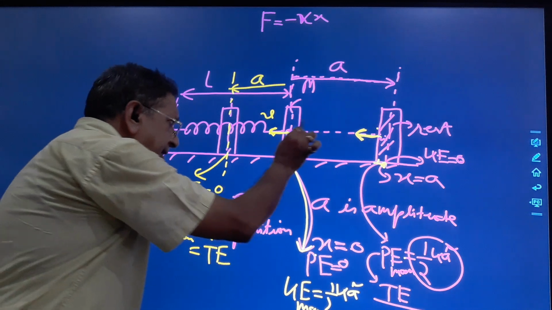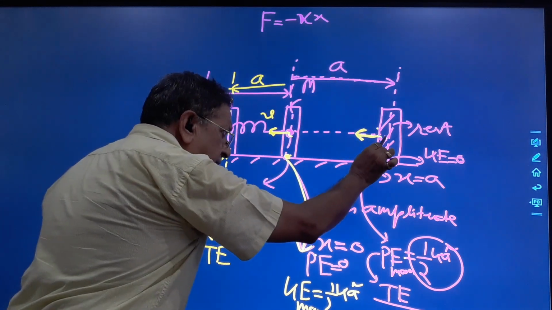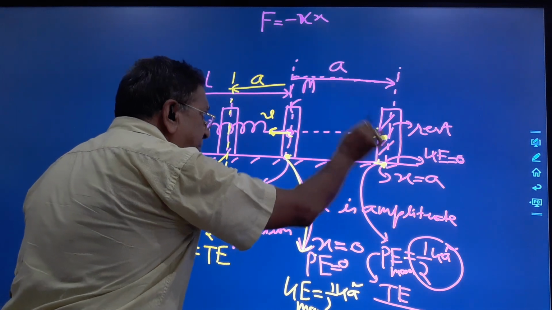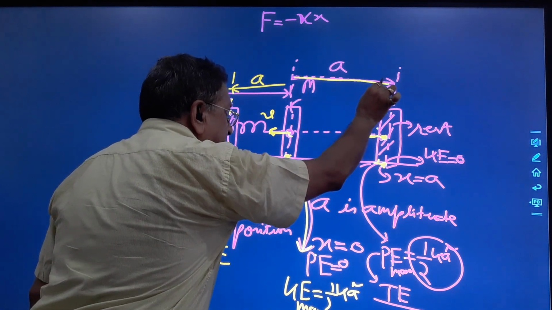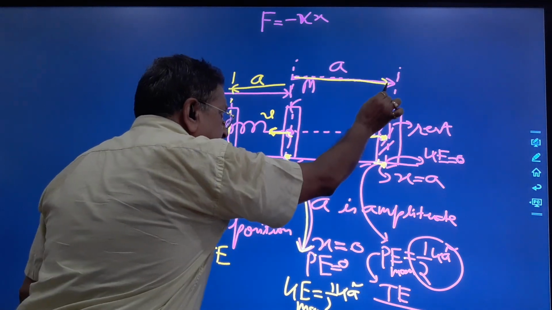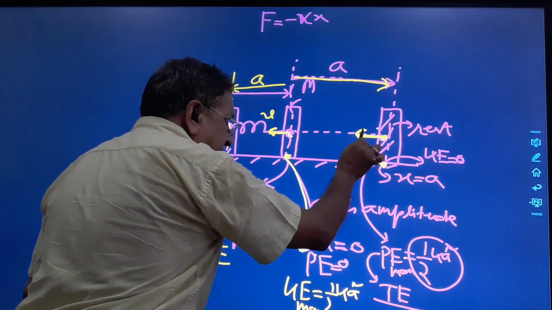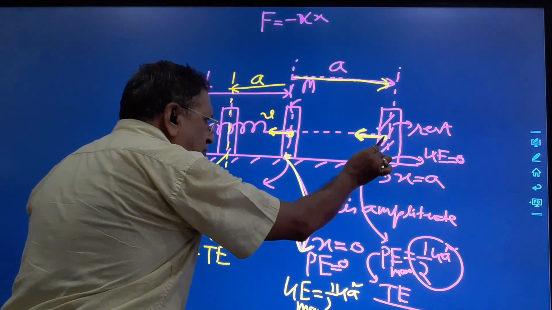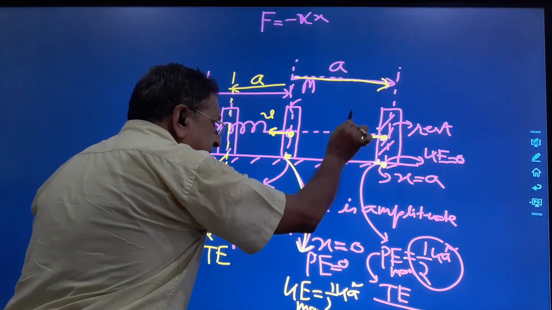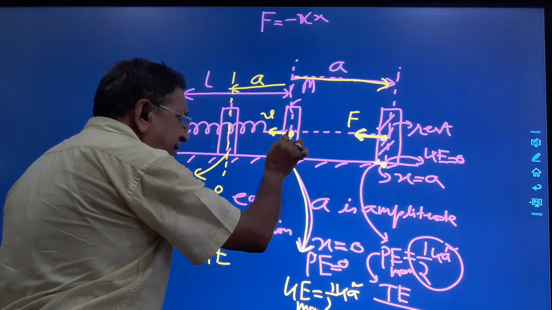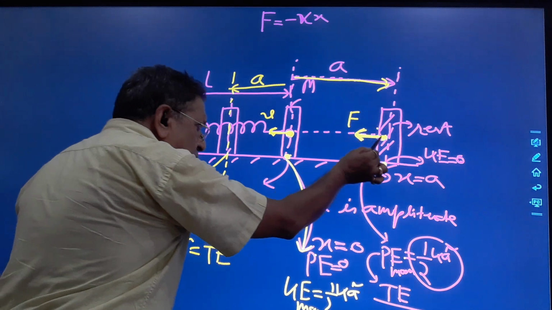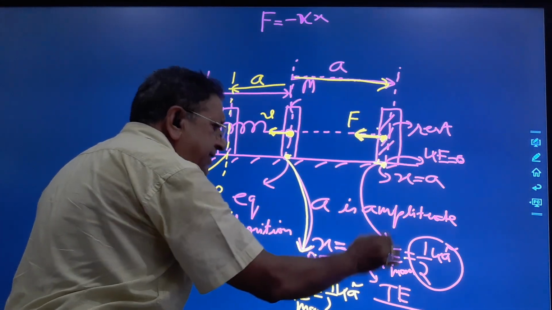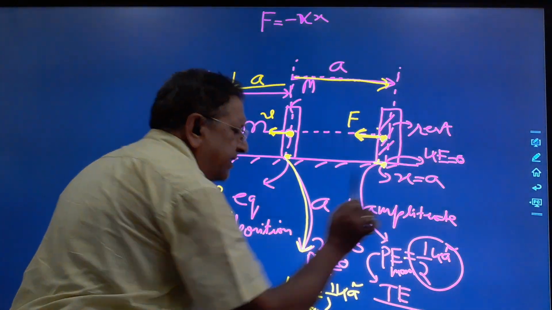So we release the block from rest at the amplitude of this motion. The block moves with some velocity due to the force exerted by the spring. At the starting position kinetic energy is 0, so the total energy is potential energy, half k A square.